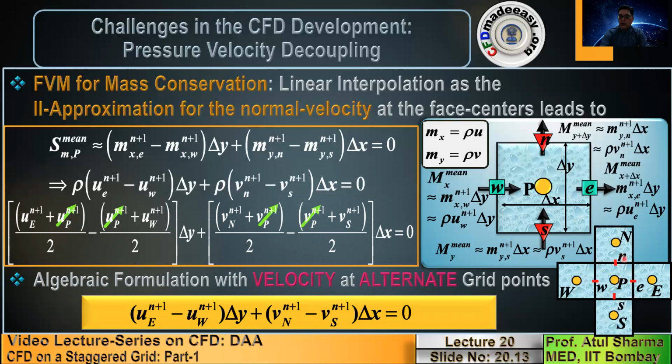Note that W and P are adjacent grid points, and P and E are adjacent grid points.